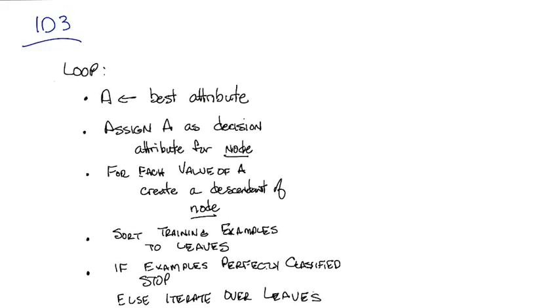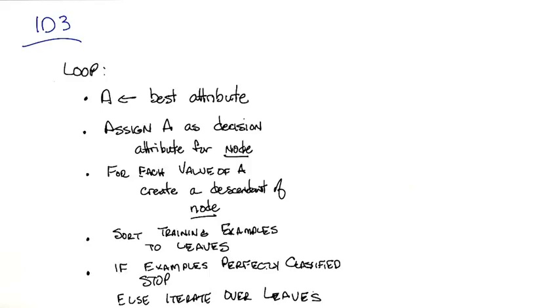Okay, so here's the ID3 algorithm. You're simply going to keep looping forever until you've solved the problem. At each step, you're going to pick the best attribute, and we're going to define what we mean by best, or a couple of different ways we might define best, in a moment. Then given the best attribute that splits the data the way that we want, assign that as a decision attribute for node.